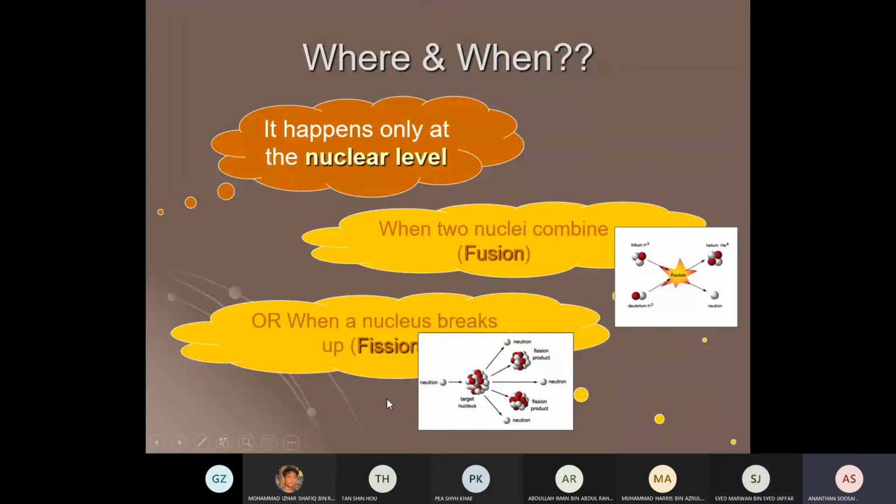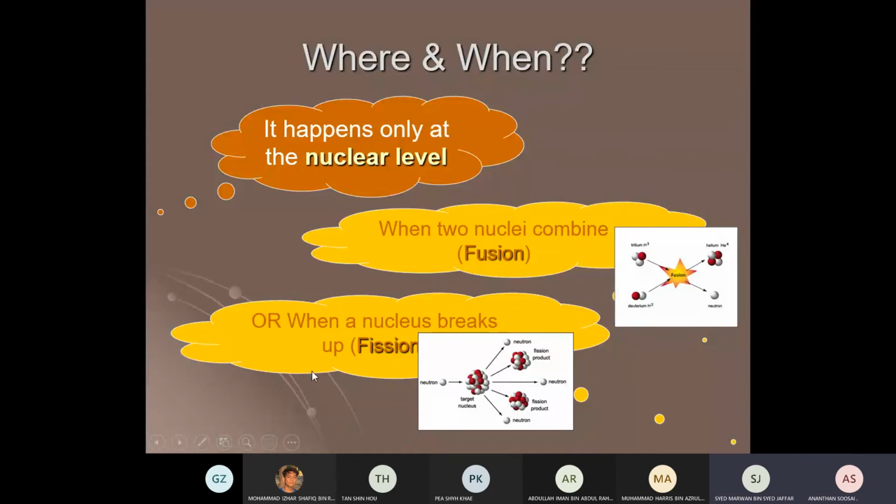All the nuclear reactors we have around the world are fission. But everyone, especially the science community, their dream in the future is to have a fusion reactor.